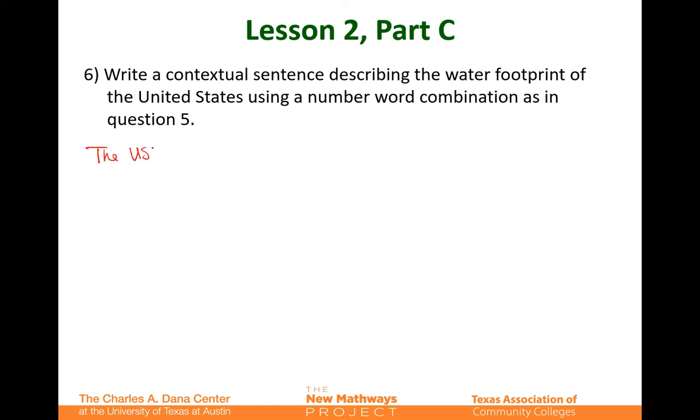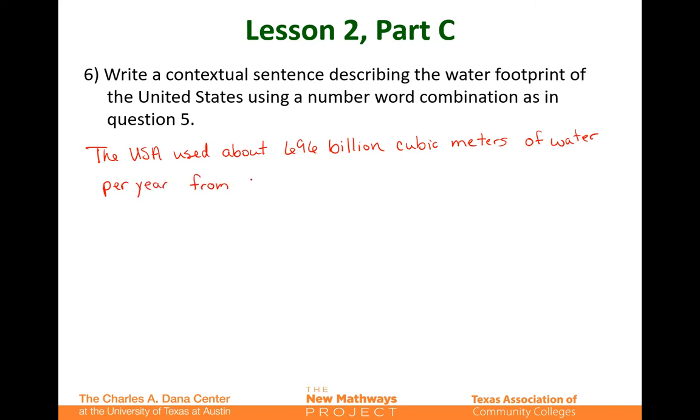The USA used about 696 billion cubic meters of water per year from 1997 to 2001.